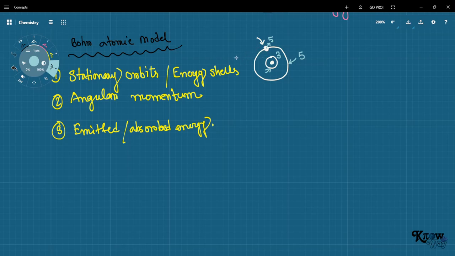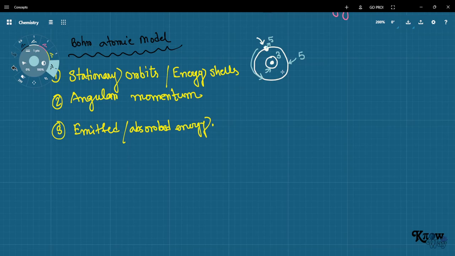It stays in the same stationary orbit, or the permanent orbit, because it is neither losing nor gaining energy. So it will stay in its own energy shell.